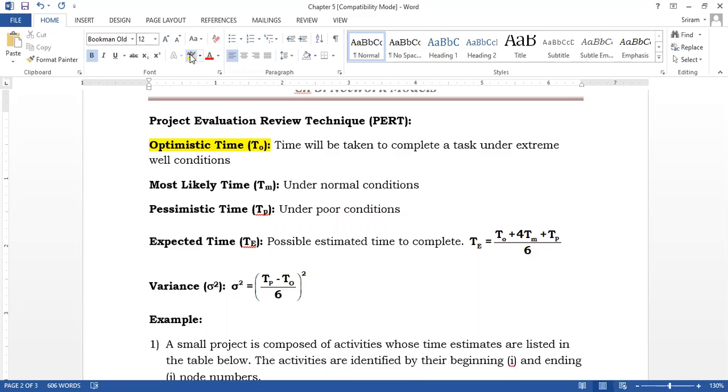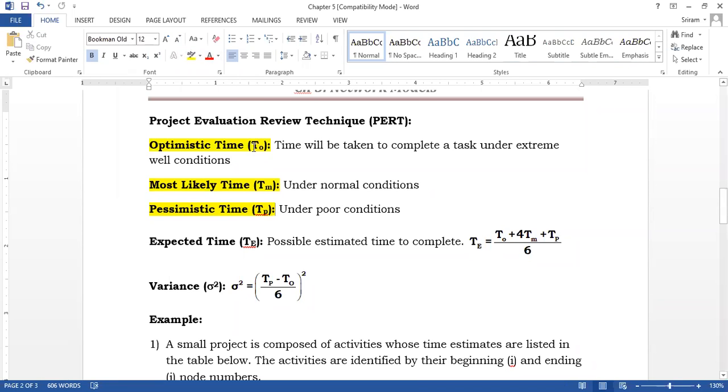That is the time taken to complete a task under extremely good conditions. The second, submitting exactly on the date, is called the most likely time, a normal condition. Students who submit very late, at the end, that is called pessimistic time, under poor conditions.